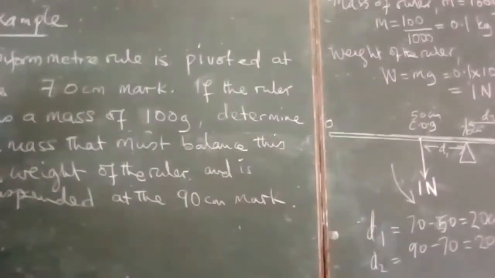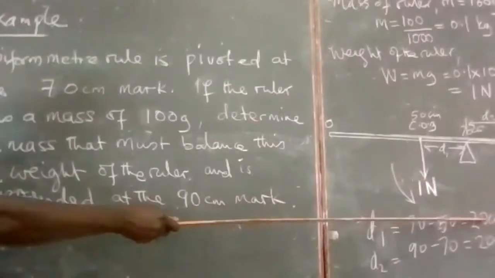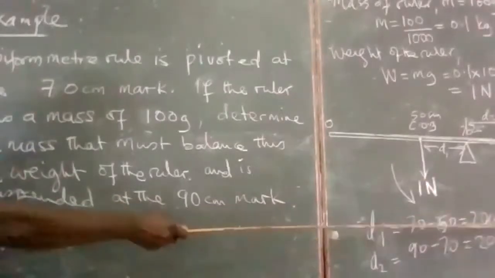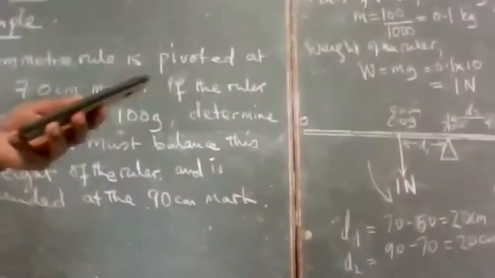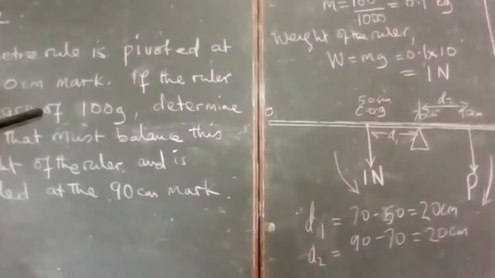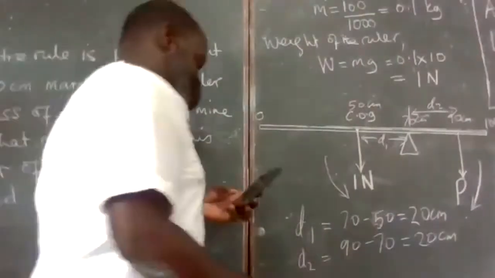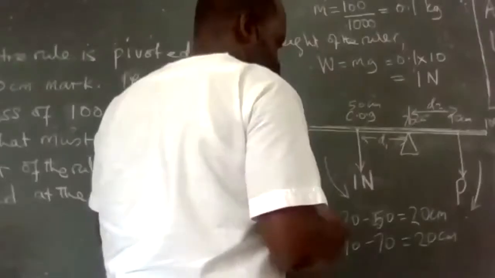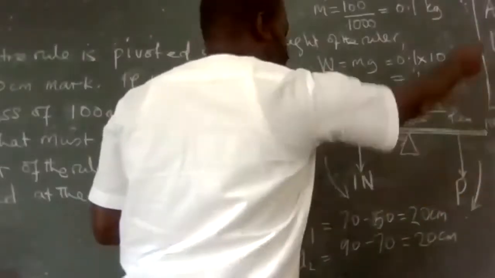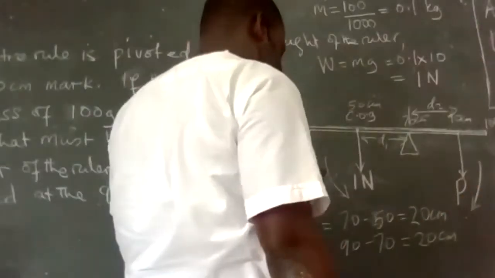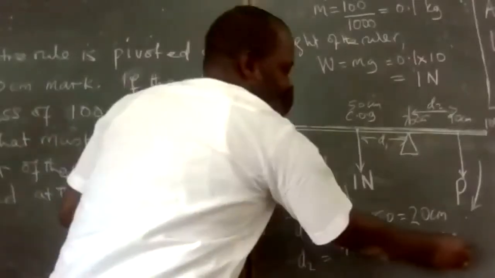Teacher, is the unit of moments Newton centimeter or Newton meter? In the previous number, we worked with Newtons and centimeters. Okay, Mr. Salime, help me answer why we did not convert. Okay, Rosemary, about the units. When you were substituting in the formula, these units are the same, this is a centimeter and this is a centimeter.